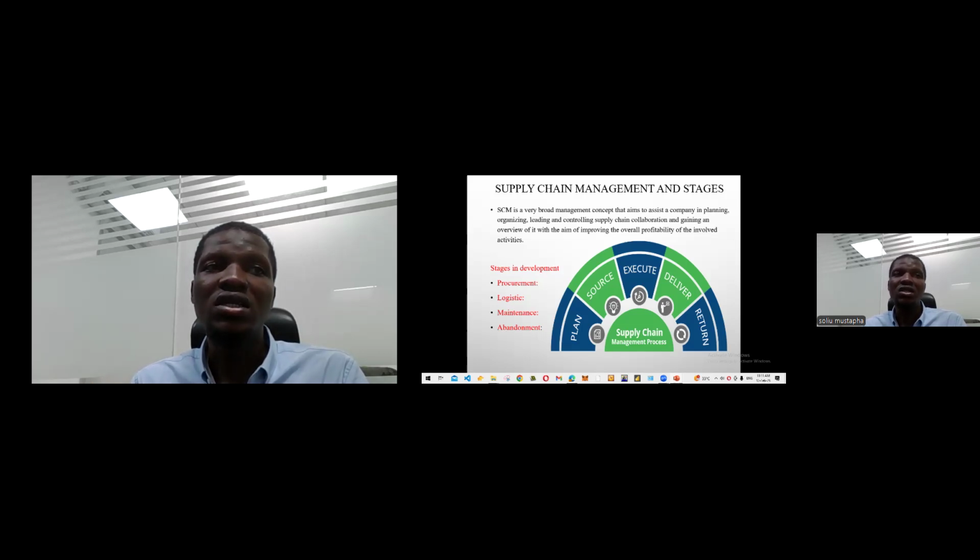So these are the stages in subsea field development within which supply chain management comes in. The procurement: during our procurement stage, we need supply chain management for procuring our long lead items.